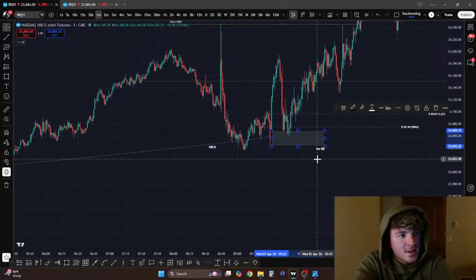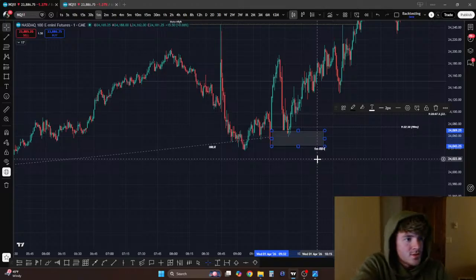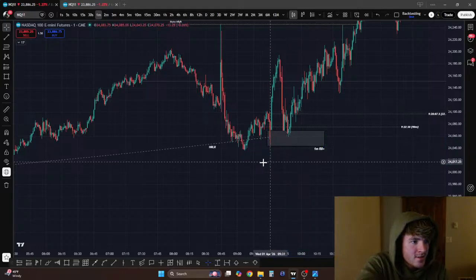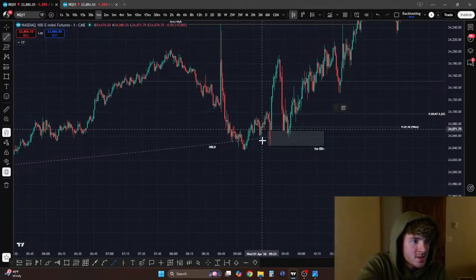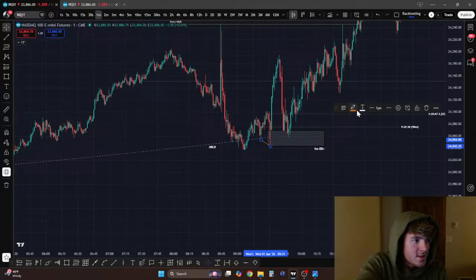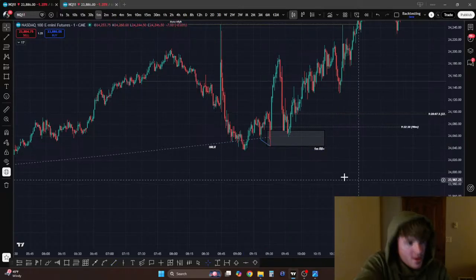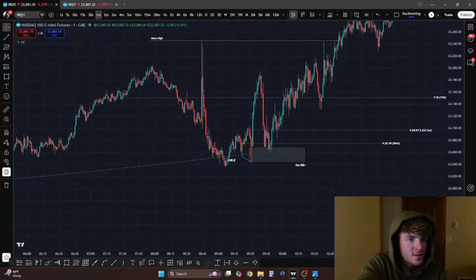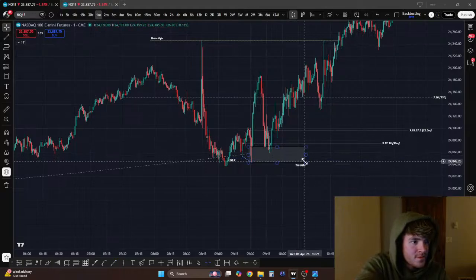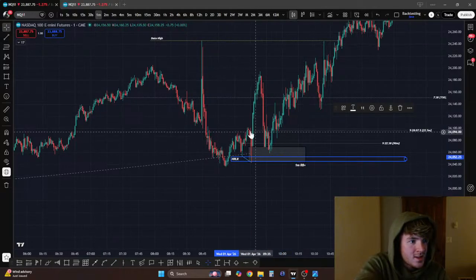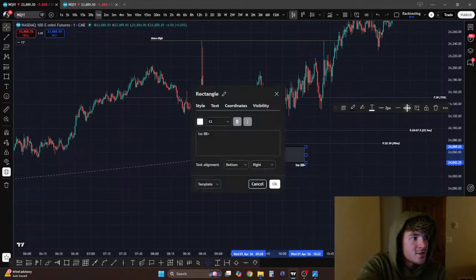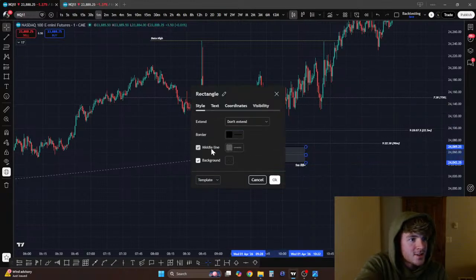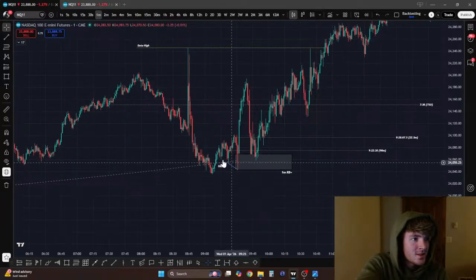Once I see us use this rejection block into this high resistance liquidity with SMT, I'm going to be thinking, okay, market's clearly not bearish, because if it was, we would not have used this rejection block here and then started going higher. The big key is the rejection block is being used into high resistance liquidity. That's a big key, honestly.